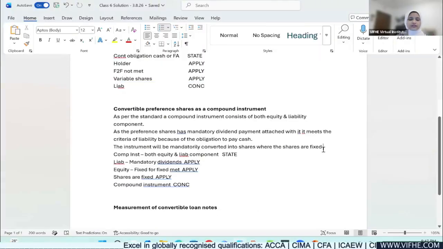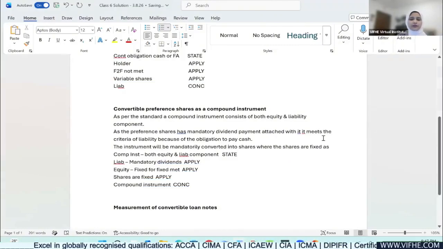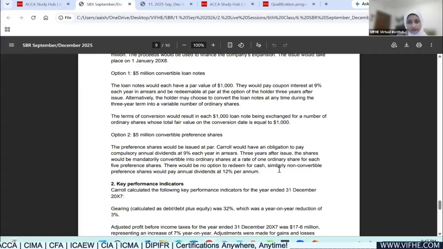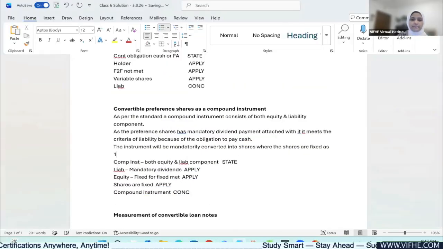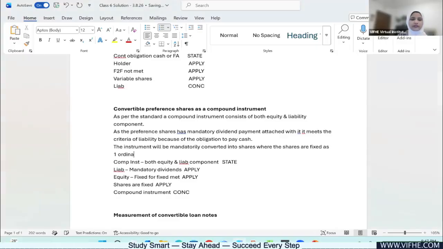Where the shares are fixed as, sorry, 1 ordinary share for 5 preference shares.